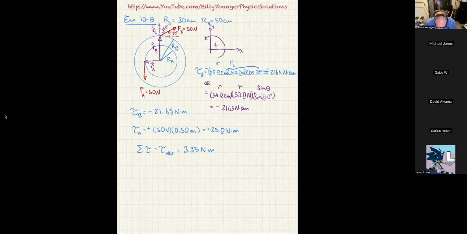Now notice we technically didn't have any decimal places that were significant here, so technically this now only has one sig fig. So that's our final answer. Anybody have any questions on that one? The positive suggests it's counterclockwise, by the way.